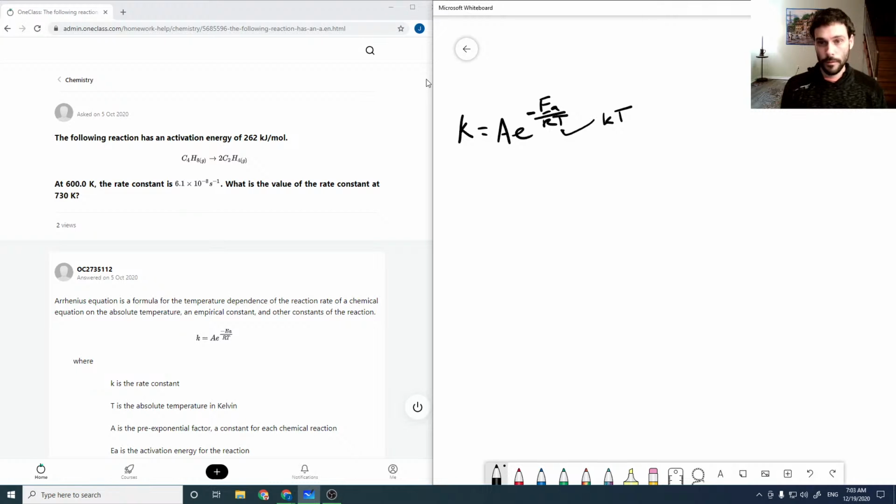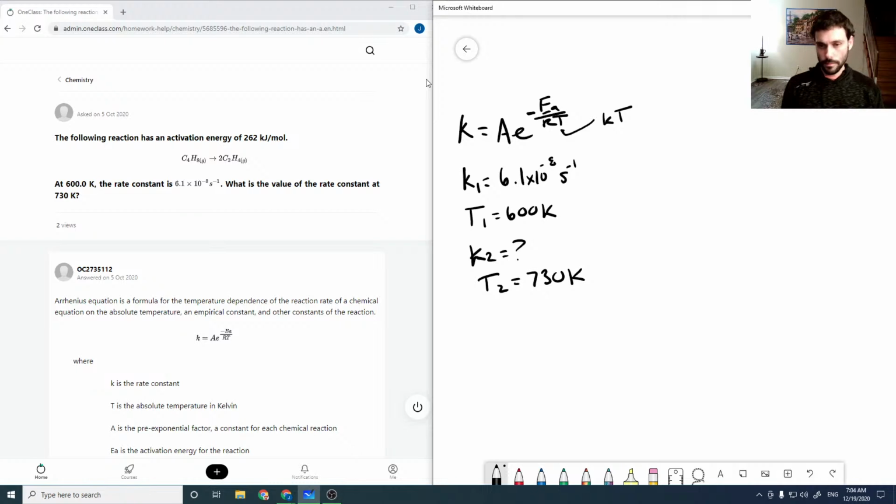Okay, so we're going to write out some of the values here. So we have k1 is equal to 6.1 times 10 to the minus 8 per second. T1 is 600 Kelvin. k2 is our unknown, and T2 is 730 Kelvin.